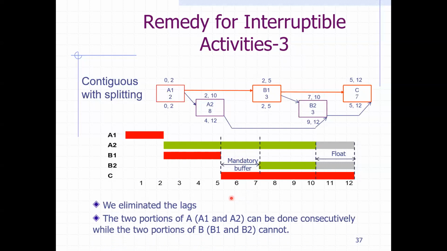So if we're going to follow this splitting approach for contiguous, then we need to eliminate any lags. As you can see, we don't have lags here. And the splitting, yes, it's the same activity. They don't have to be done at the same time, and their successor activities could be different as well.